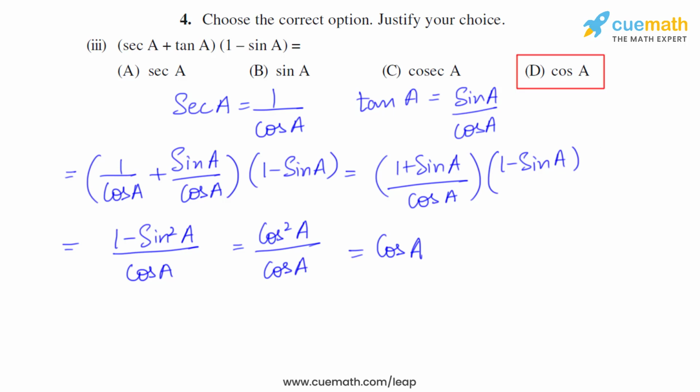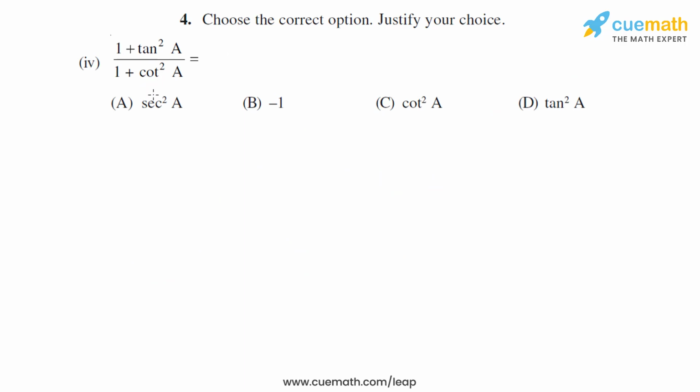Let's do the fourth part now. 1 plus tan square A upon 1 plus cot square A. So here also we change the tan and cot to sin and cos. So it will be 1 plus sin square A by cos square A upon 1 plus cos square A by sin square A. Take the LCM in numerator and denominator.